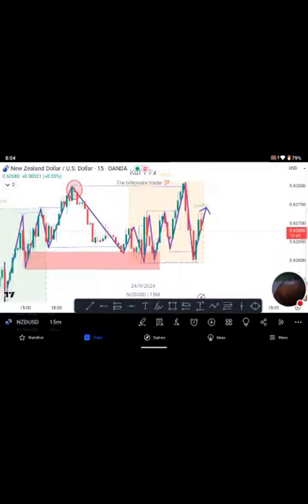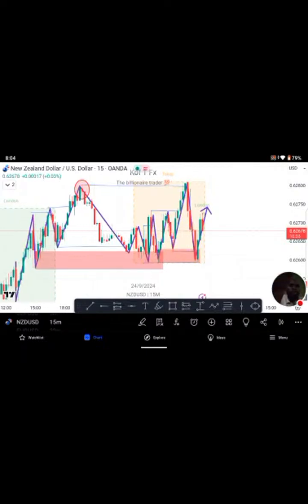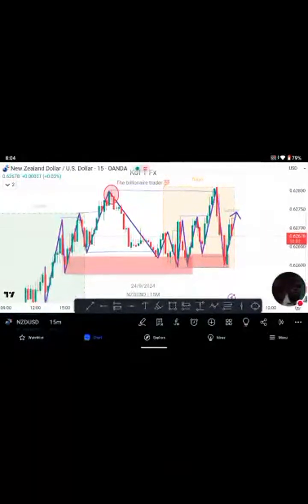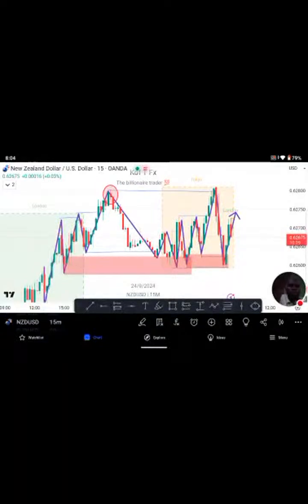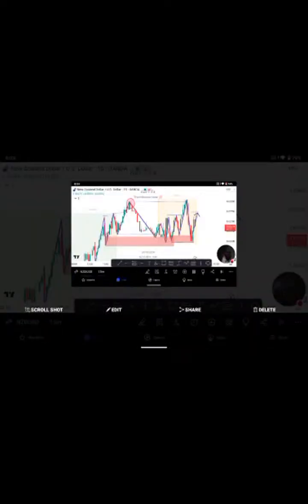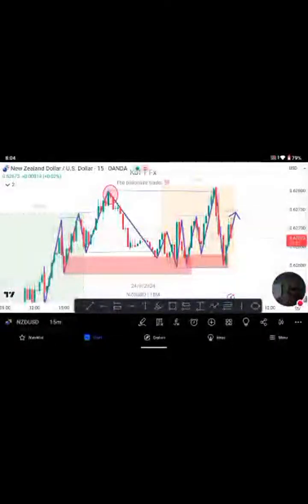Then this would have been the point of mitigation, clearing out that inducement, then buy. But as it is, it doesn't follow what we are actually looking out for. So there is no trading opportunity here as well. There is no trading opportunity on this pair as well.